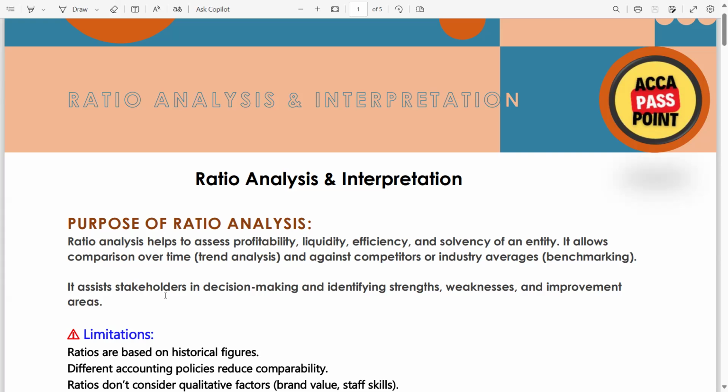It assists stakeholders in decision making and identifying strengths, weaknesses, and improvement areas. So this is why ratio analysis is important: it gives the overall information about the company to the users, the stakeholders.